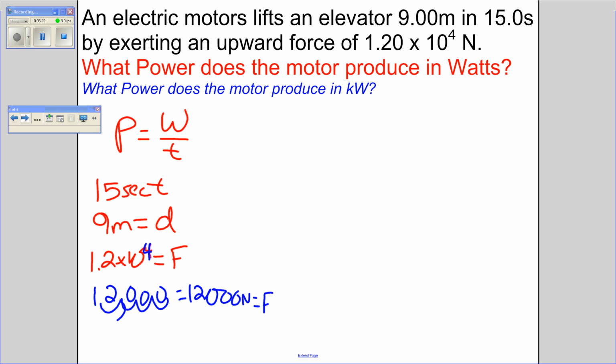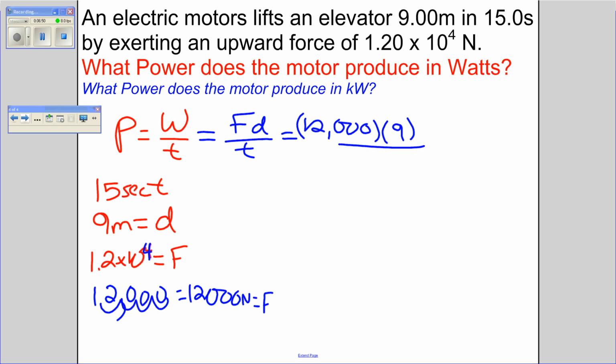Alright, so you know time, you know distance, you know force. Well, if you know force and distance, then you know work, because work is force times distance, and all you've got to do is divide that by time. You have all 3 of those parts. So you have 12,000 newtons times the distance, which was 9 meters, divided by the 15 seconds it took to get there.